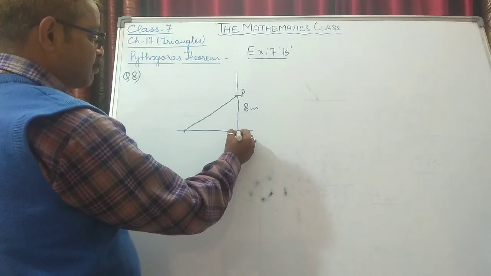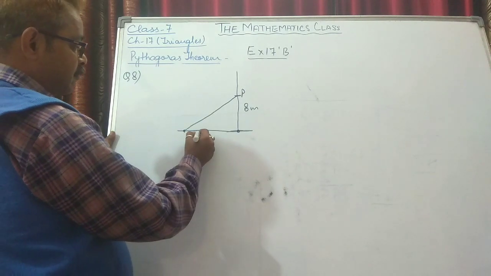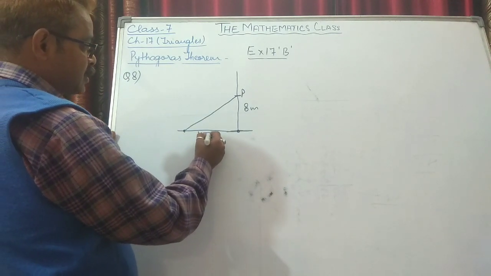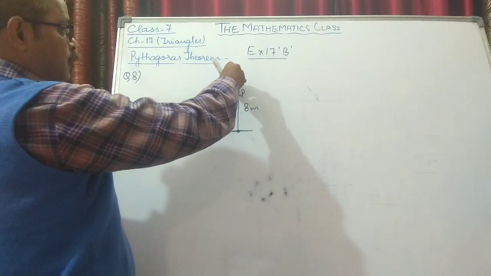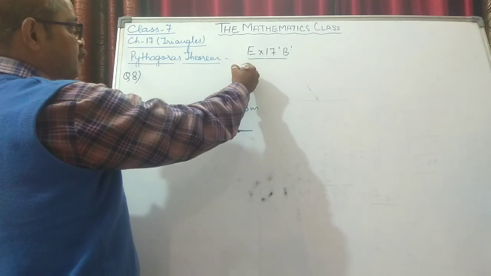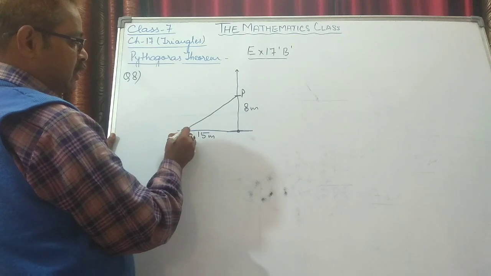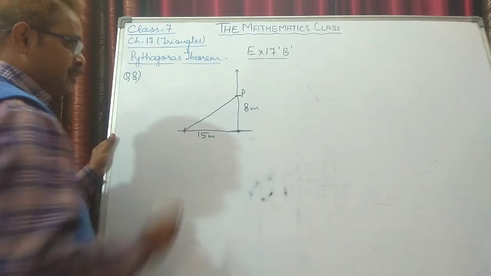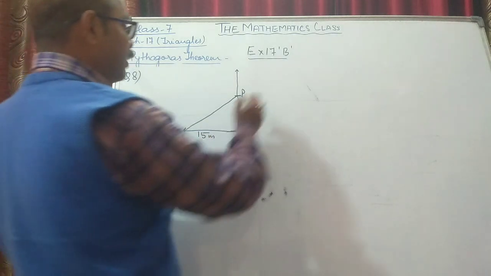This is the base, and the top of the tree is 15 meters away. This was the total tree, it broke and fell on the ground. So the tip of the tree is touching the ground, and the distance between the tip and the base is 15 meters. They say find the original height.